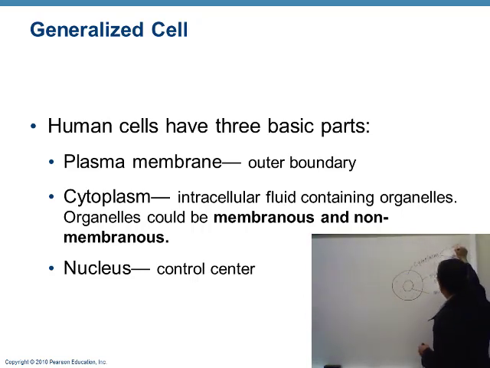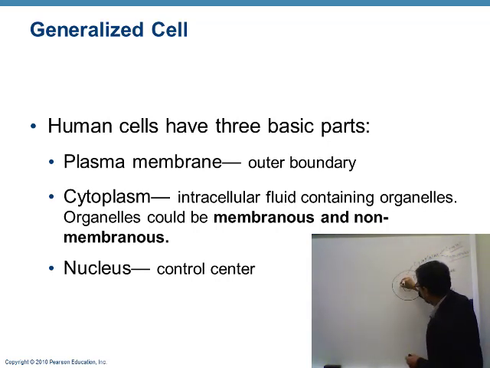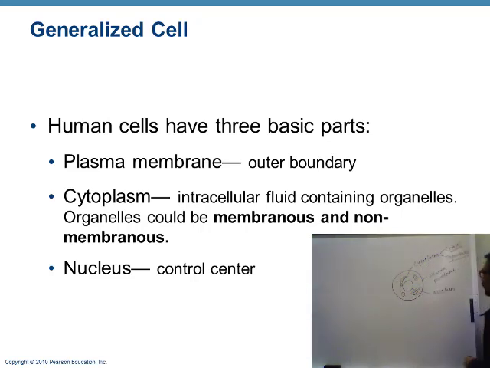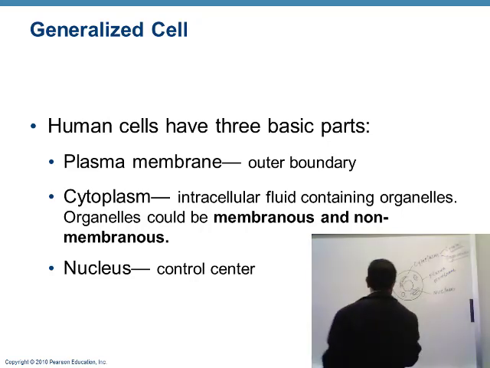The liquid is the cytosol, and organelles are the structures like mitochondria, Golgi apparatus, endoplasmic reticulum, lysosomes, centrosomes, ribosomes.